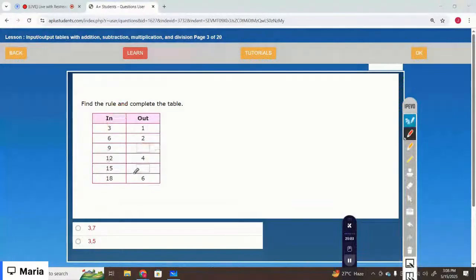And then 15 divided by three is five. So the missing numbers are 3 and 5. Option number 3 is the correct option. That is 3, 5.